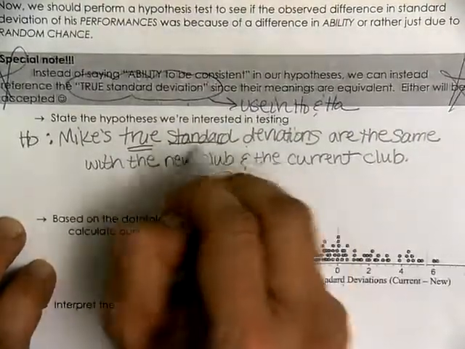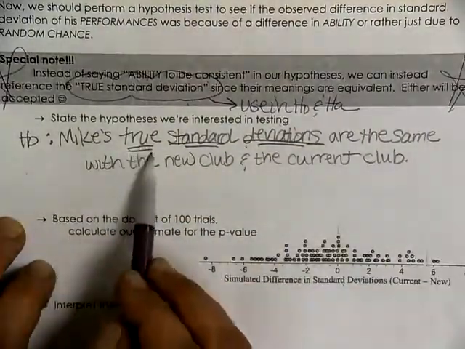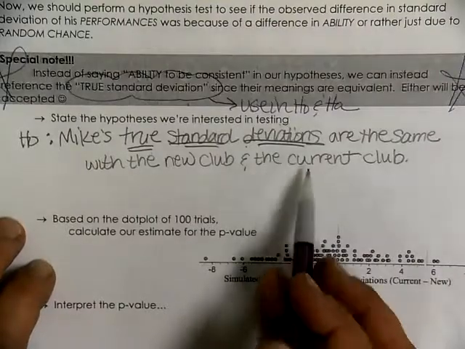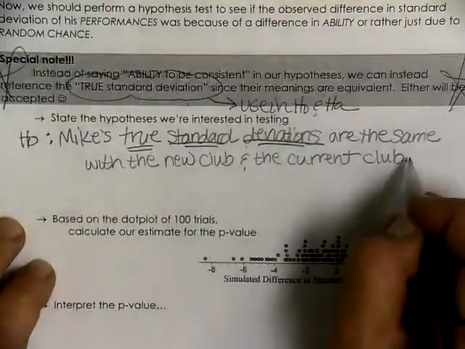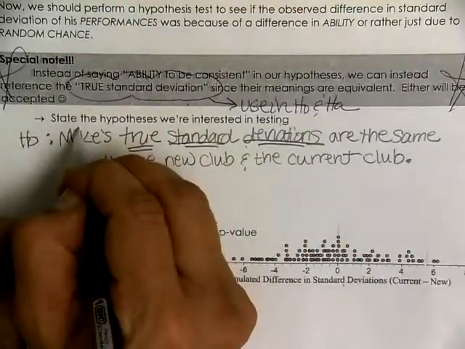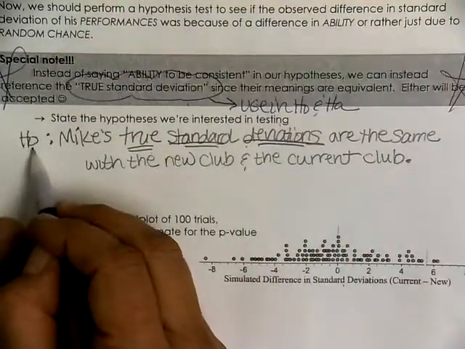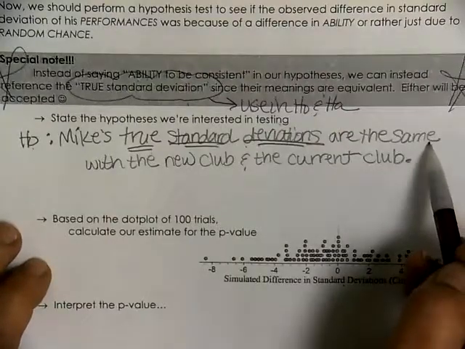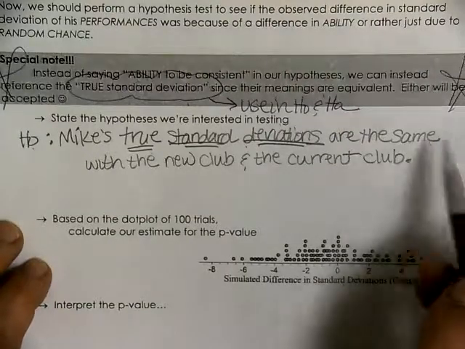So I know that we're not using ability, but the idea of the true standard deviation is something that would be calculated with an infinite number of times, like ability. And we're saying that if we have no bias, like we do in our null hypothesis, that the true standard deviations should be the same. That's what we're going to assume.